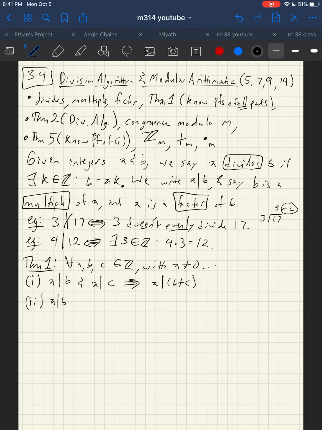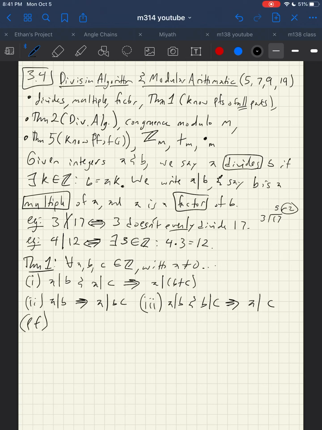Part 2: a divides b implies a divides bc. And part 3: a divides b and b divides c implies a divides c.